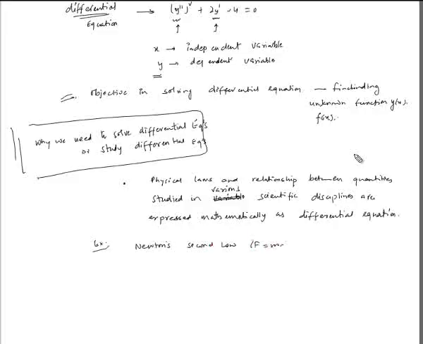But how do you express this? Say x of t represents the position of the particle at time t, and m is the mass of the particle.